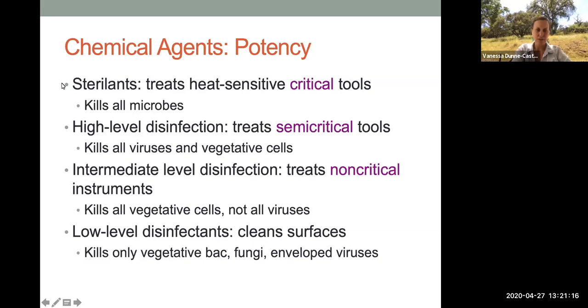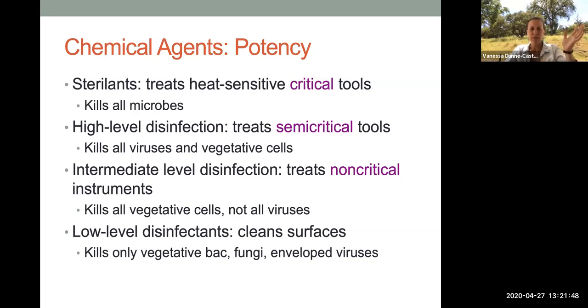So sterilants, right, chemicals that can sterilize things, treat heat sensitive items. And why is that? Because if it was not heat sensitive, then what type of sterilization would you use? Likely an autoclave. That is the best method, unless of course you're out in the middle of the field working with critically wounded patients in a war zone or something, where you have no autoclave available to you.